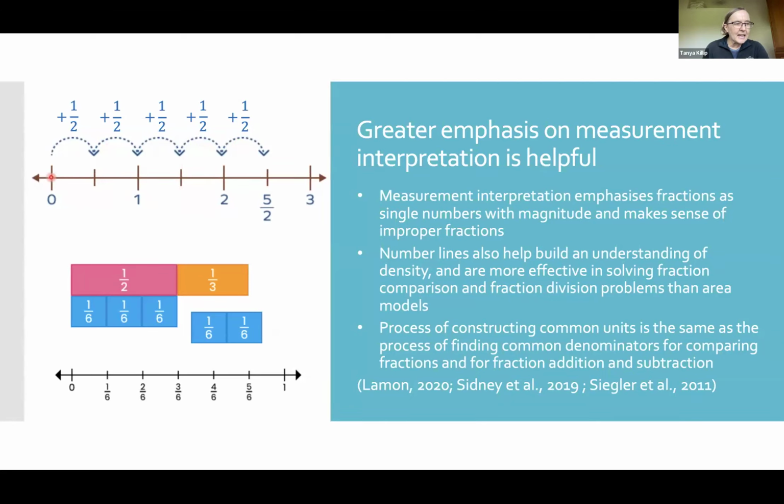They've got a number line, and they're jumping up in halves, and you can see that when they jump up in 5 lots of a half, they get to 5/2. And it's also quite easy for students to see the connection between the improper fraction 5/2 and the mixed number, 2.5, using number lines like this.